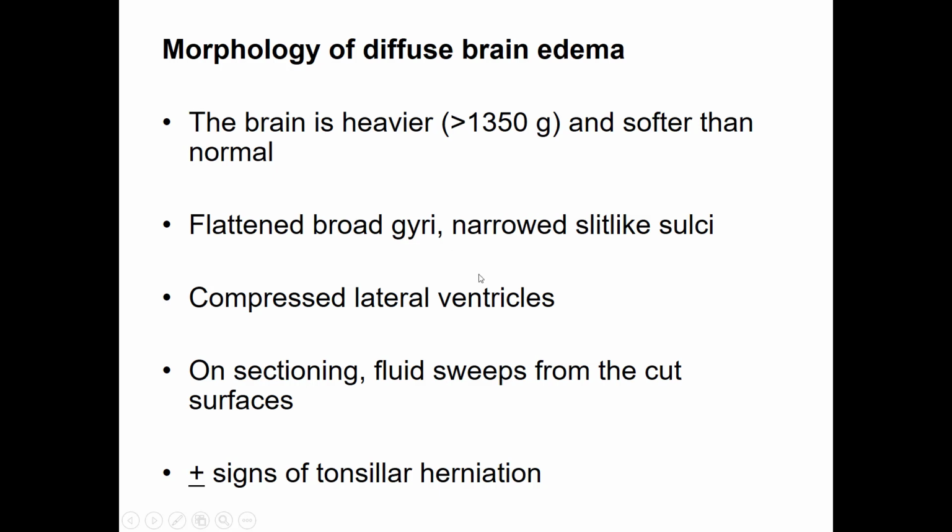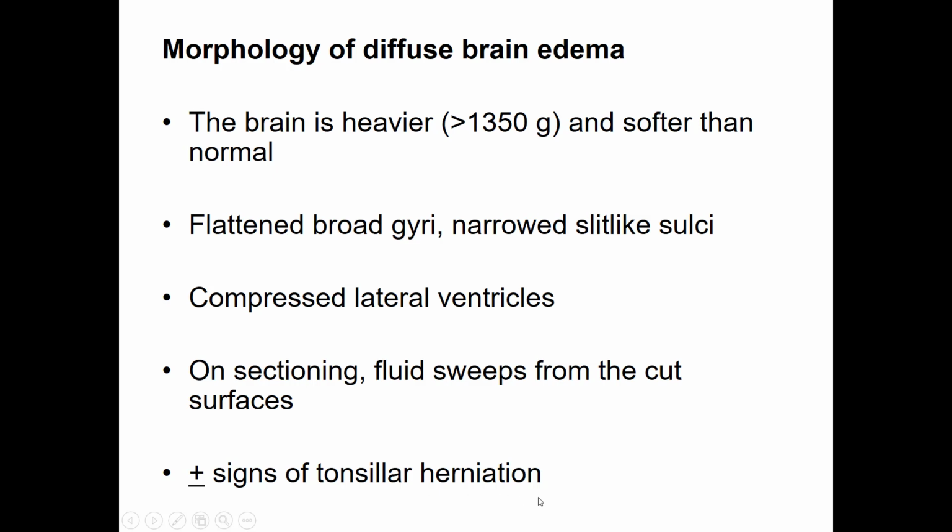So this is a very characteristic neuropathologic feature, and as a consequence of the swelling of the brain, the lateral ventricles are going to become compressed. This is a sign also visible on imaging like CT and MRI, and on sectioning, fluid sweeps from the cut surfaces, and also blood and blood constituents are easily visible on the cut section.